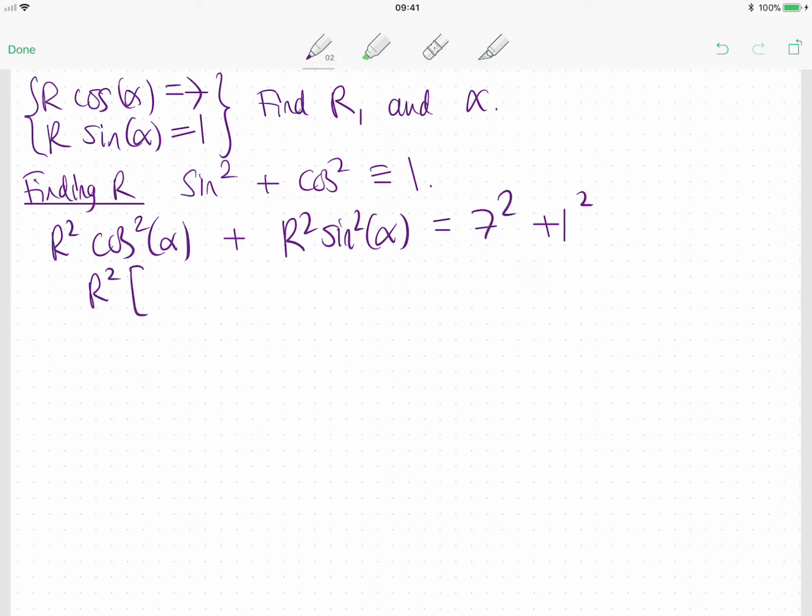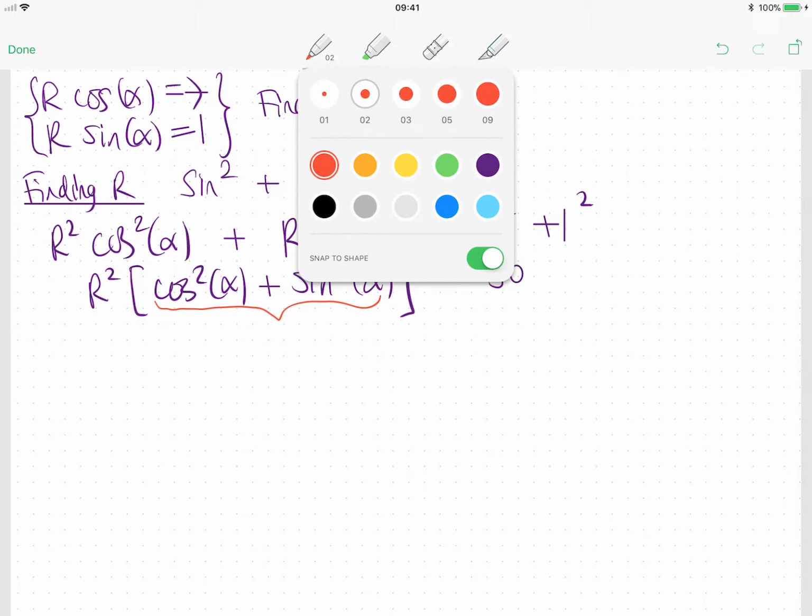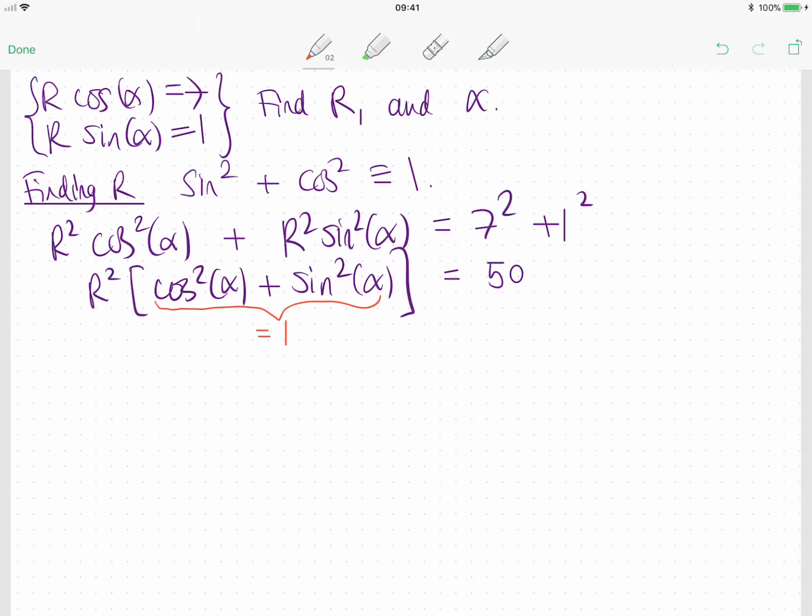Now there's a factor of r squared in both terms on the left. If I take this out, I get r squared times cos squared plus sine squared. On the right we have 50. And we can see inside these square brackets, this is just equal to 1.